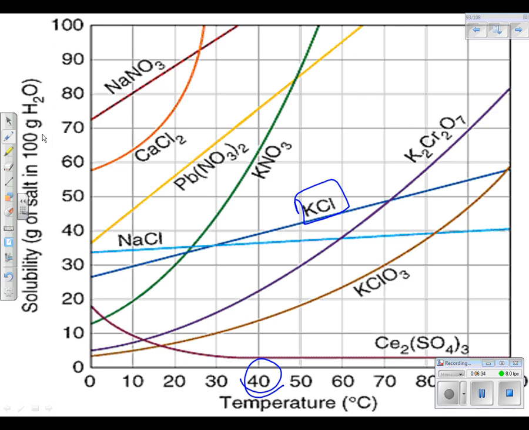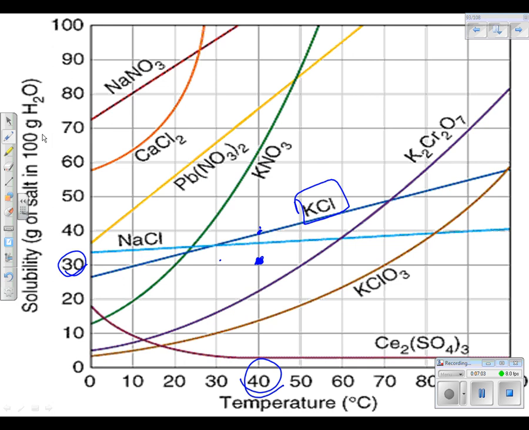Well, if I've got 30 grams over here, then that's going to be right here. The line for solubility is right above that, in that darker blue. So this would be considered unsaturated because it's below the line. You might want to write that in your notes: if it's below the saturation line on a solubility graph, then it's unsaturated.